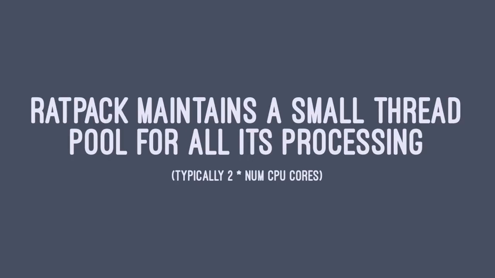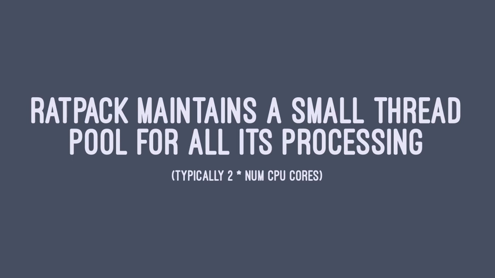Now, in terms of performance, Ratpack maintains a small thread pool for its processing, right? In a typical servlet-based application, you have a thread per request, or maybe a thread per connection, which means that if one instance of your application gets 5,000 clients that connect to it, at best you're going to have 5,000 threads that spool up, right? It gets no better than that. In a Ratpack application, let's say that you're starting on a server that has 4 cores behind it, right?